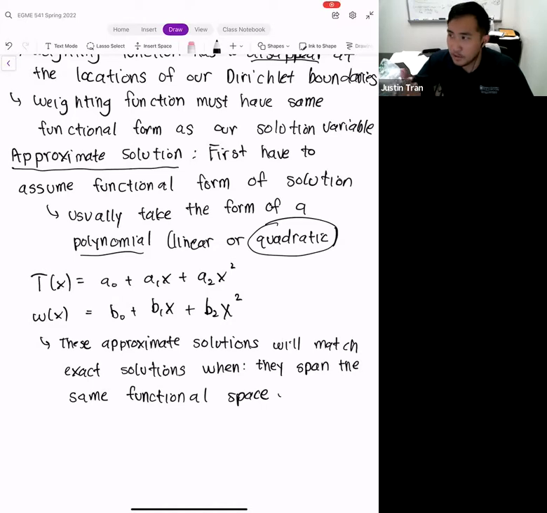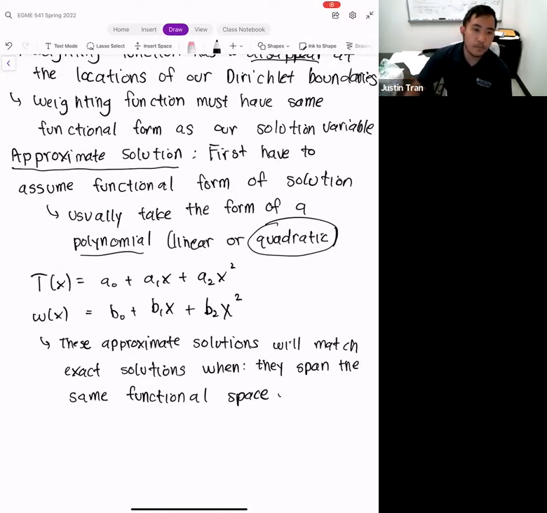Or, and it's rare, but it can happen, if the exact solution is just simply a constant, then our approximate solution will pick that up as well. But if our exact solution has a term that's outside of this functional space, say our exact solution is like x cubed or x to the fourth, then our approximate solution is not going to match that. What it's going to do is find the best quadratic function to match up with that.